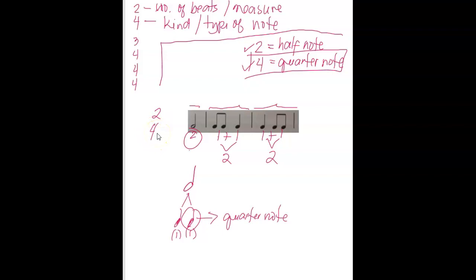Okay? So ngayon, kung may makikita ka naman na sa isang measure ay ginamit niya ay whole note, and then 2 half notes, and then 4 quarter notes. So the time signature here is 4-4.